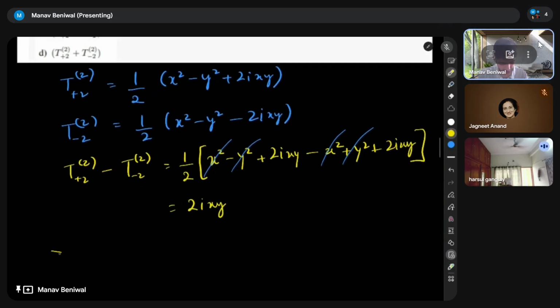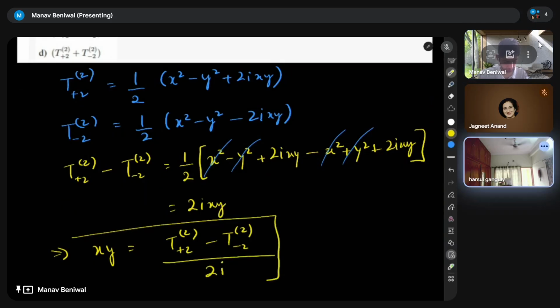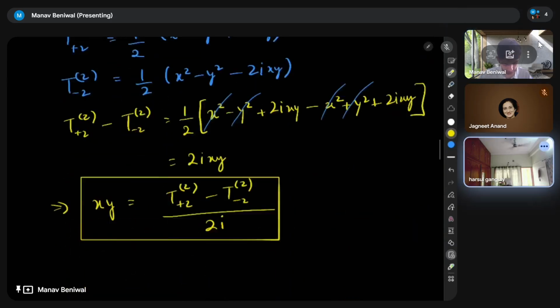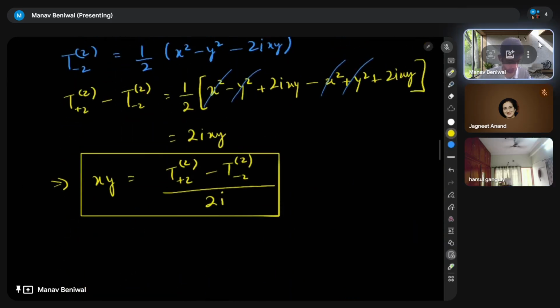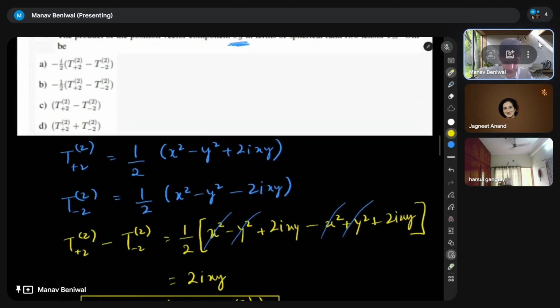Therefore we can write xy as T plus 2 minus T minus 2 divided by 2 iota. Or if I want to take this iota on top, I can do minus iota by 2, which is option A.